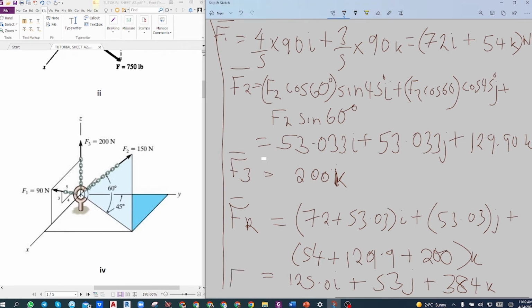So our FR in Cartesian vector is that one. Voila! At least we are almost there.